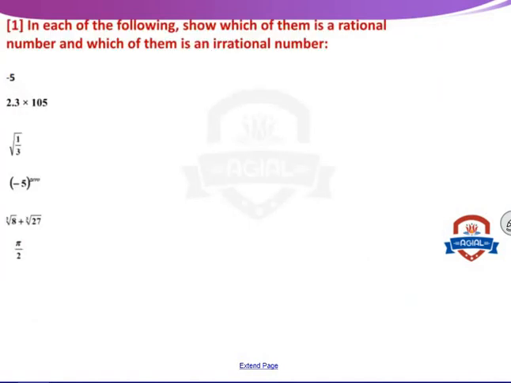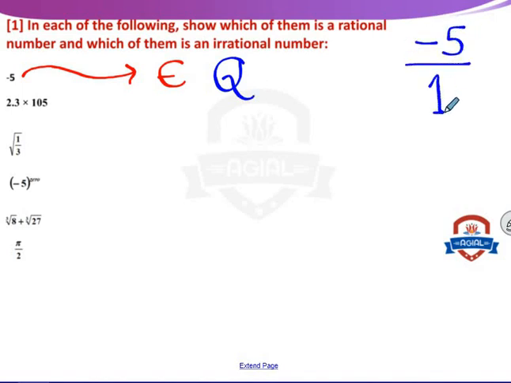So here, in this question, in each of the following, show which of them is a rational number and which of them is an irrational number. -5 belongs to rational or irrational numbers? Yes, it belongs to rational numbers. Why? Because we can write -5 over 1.